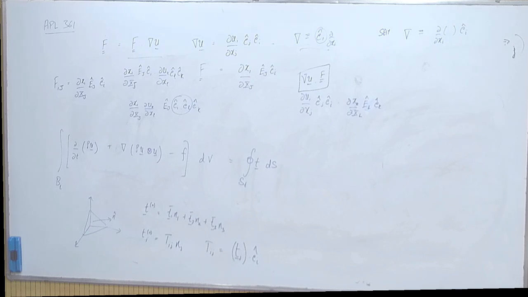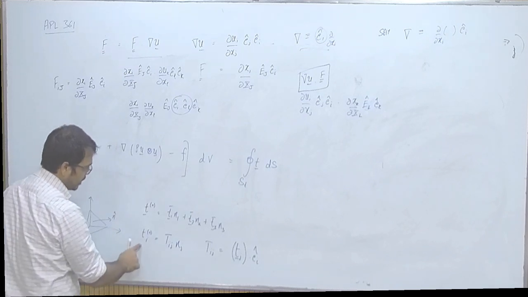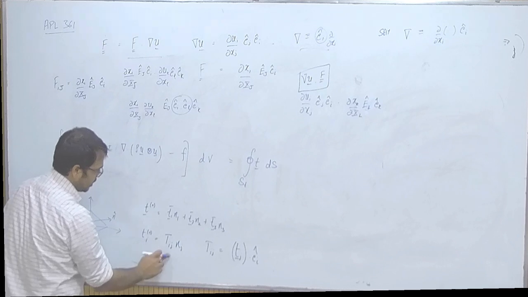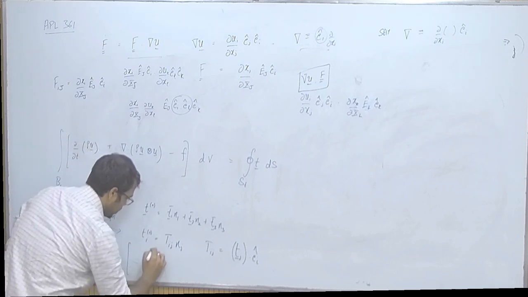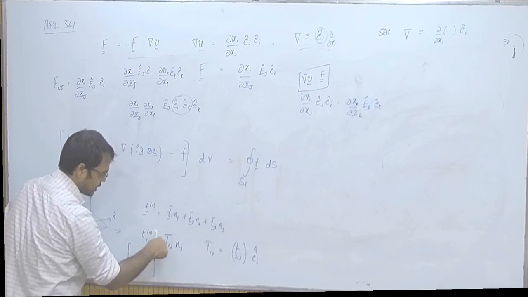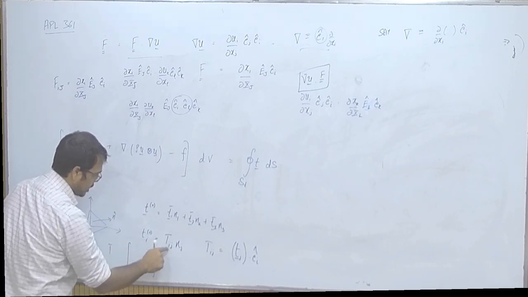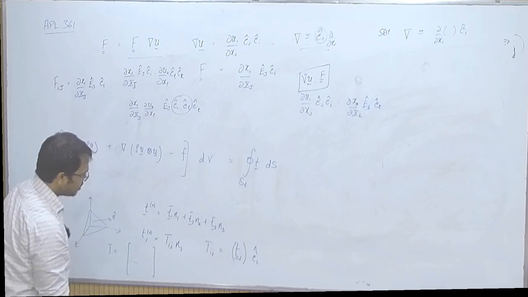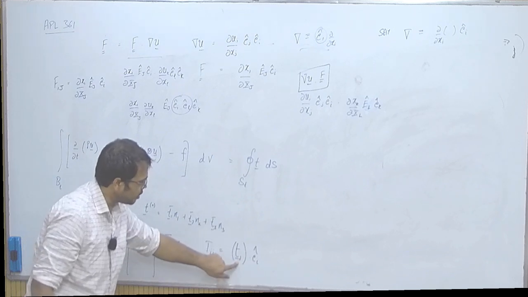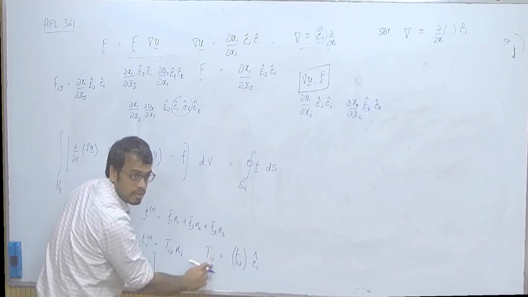So, when we write Tn like this, let us try to imagine how this matrix looks. I am not saying anything about it being stress for now. Tij is the ith component of the jth vector. So, that means the column number.